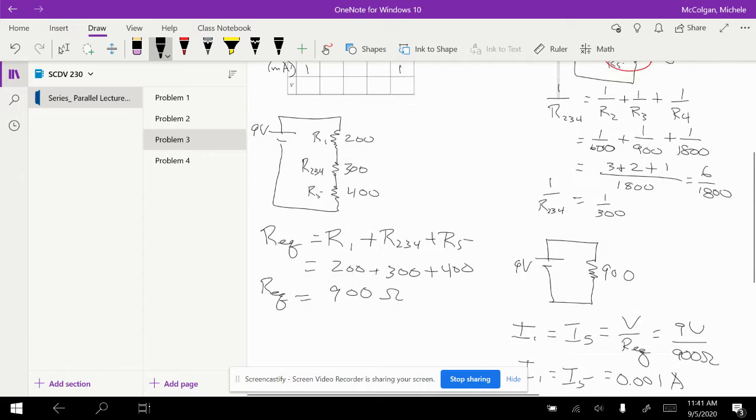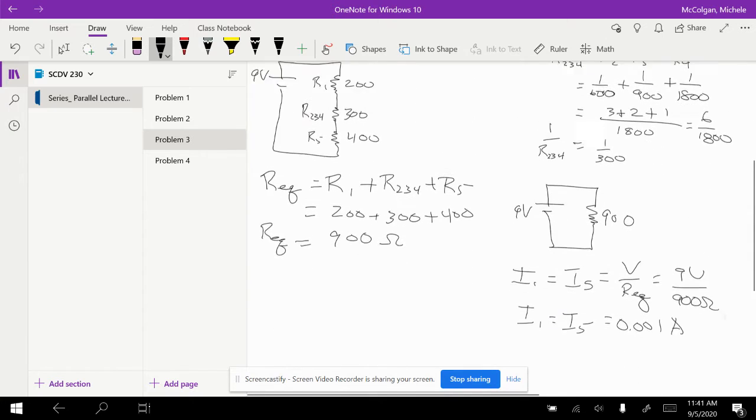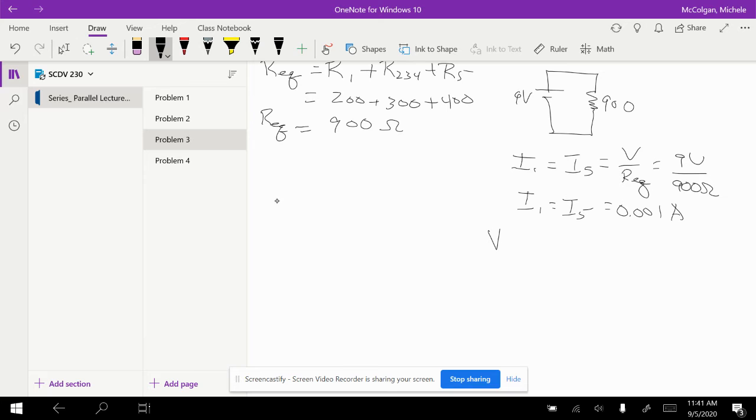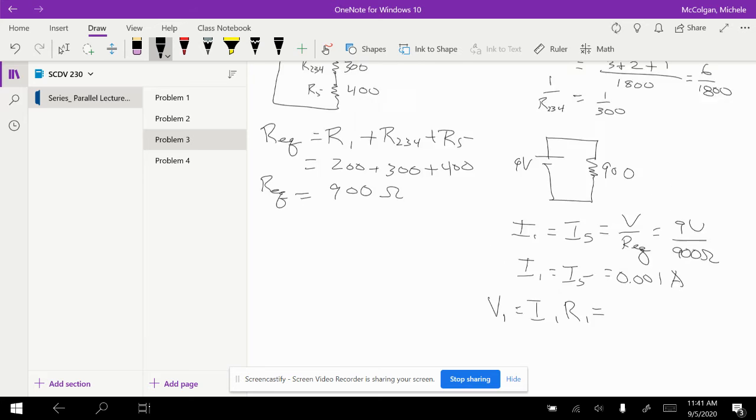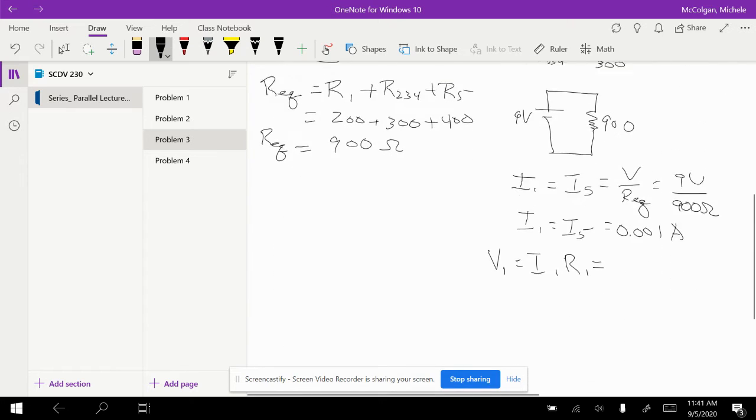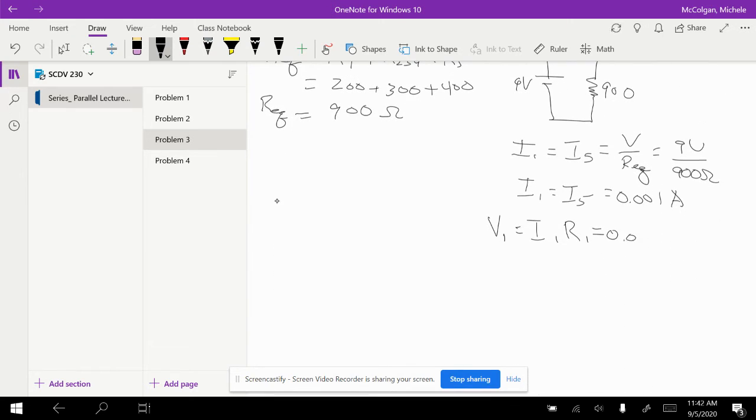Now I can also calculate the voltage for R1 and R5. V1 is going to be equal to I1 times R1, and R1 is 200. So I'm going to have 0.001 amps times 200 ohms, and that's equal to 2 volts.